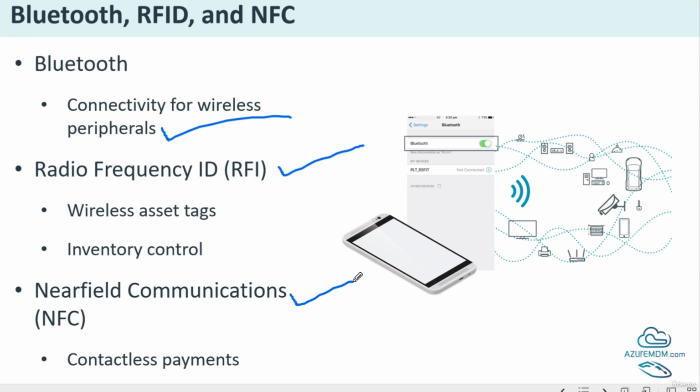And NFC, which we also call near field communication, is a short-range wireless tech for contactless payment like Apple Pay or tapping credit cards for transactions. It's paying by tapping your card or phone to the NFC devices nearby for fast and secure connections as well.